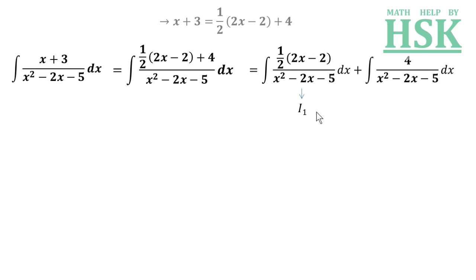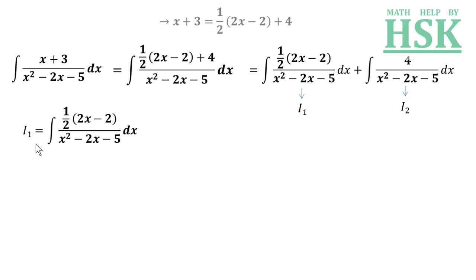I mark them as I1 and I2 because they cannot be solved directly. I have to solve them separately because they involve substitution, and the substitution would be different for both the integrals. So I am taking them separately to solve.